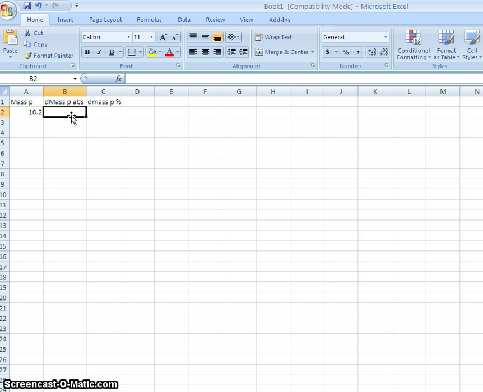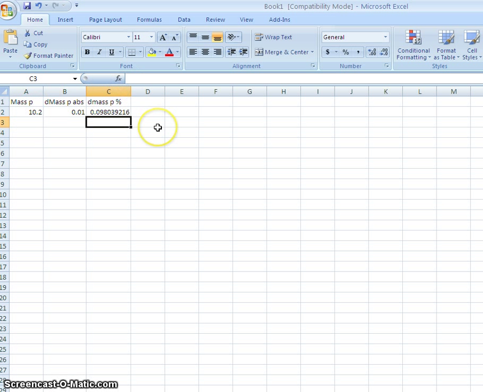What I think is going to be a little bit better though, and I'll show you a case in a little bit, is to type in equals 0.01 grams. And then to figure out the percentage, I can do that as a formula: equals whatever percent the absolute is of the actual, times 100 to put it into a percentage. Better resize that column. Okay, so I've got my first value put in.